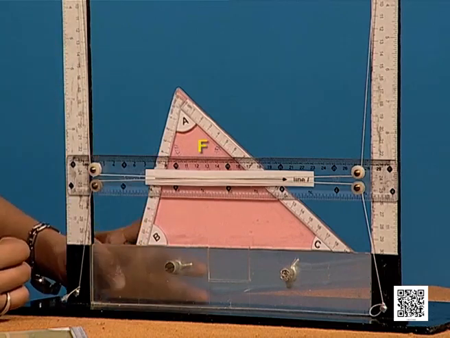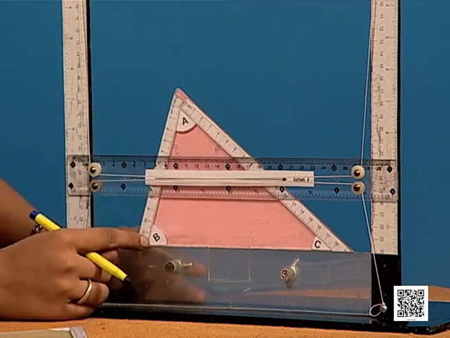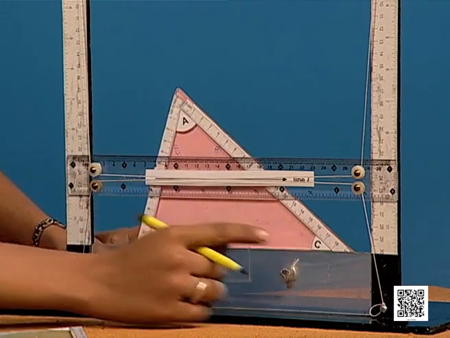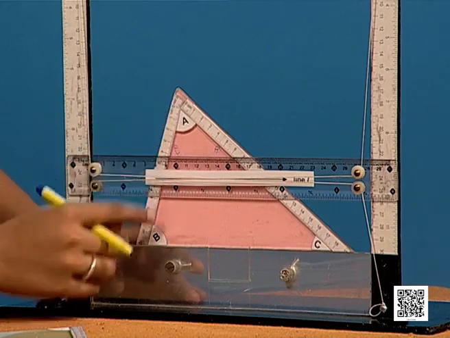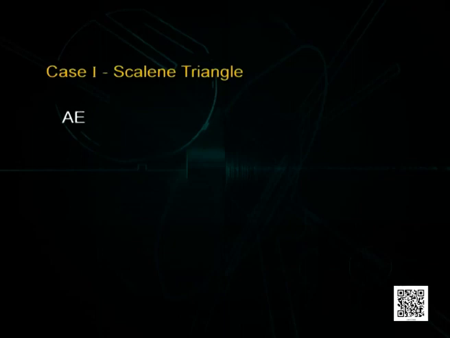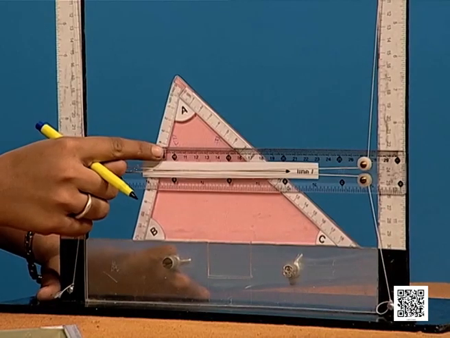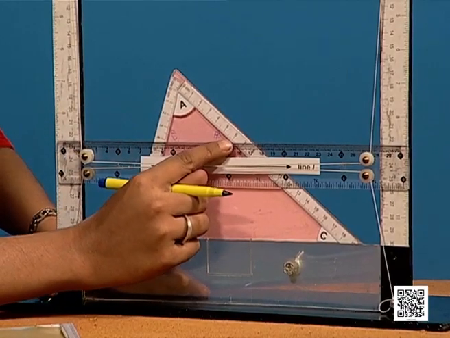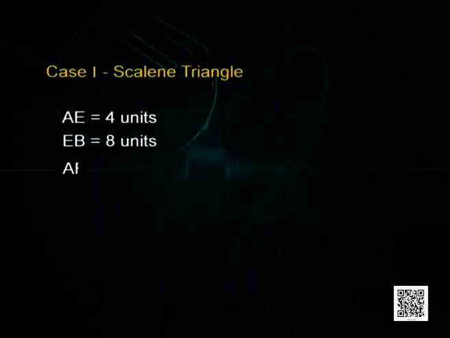Now we have to see whether AE by EB, AF by FC are same or not. Now on measuring AE, EB, AF and FC, we can see that AE is 4 units. EB is 8 units. Similarly, on measuring AF, we can see it comes out to be 6 units, and FC is 12 units.